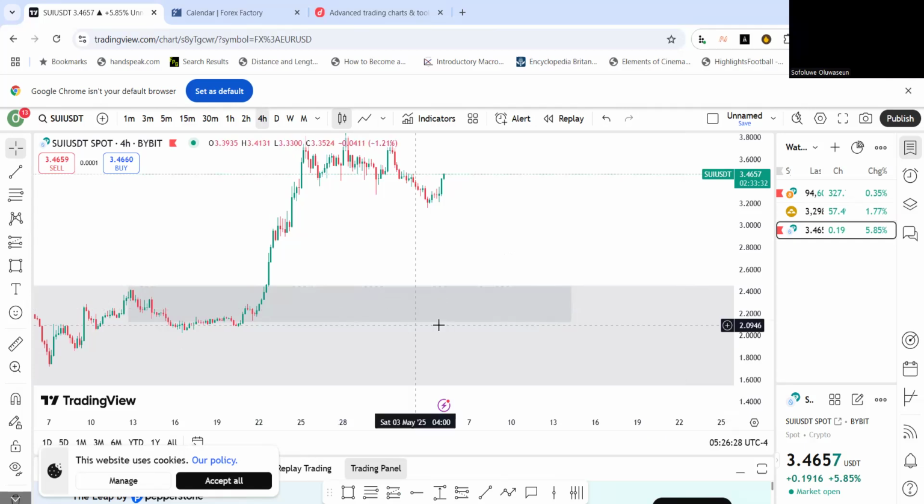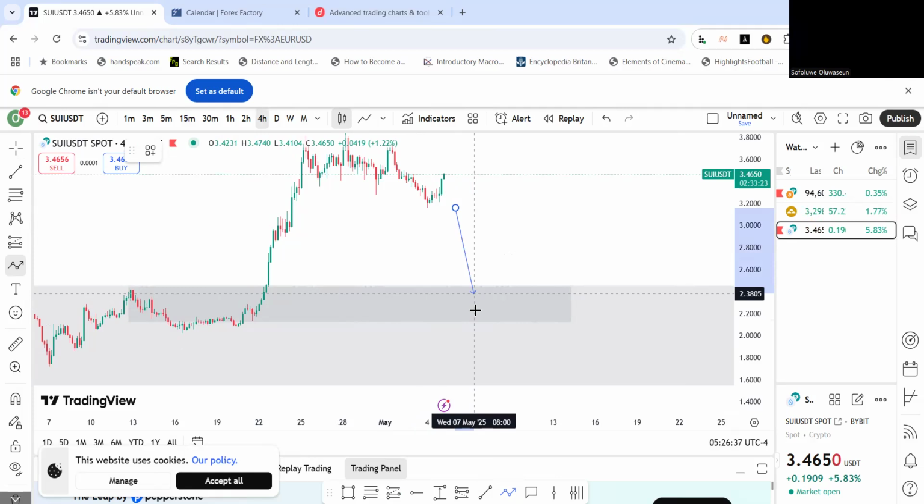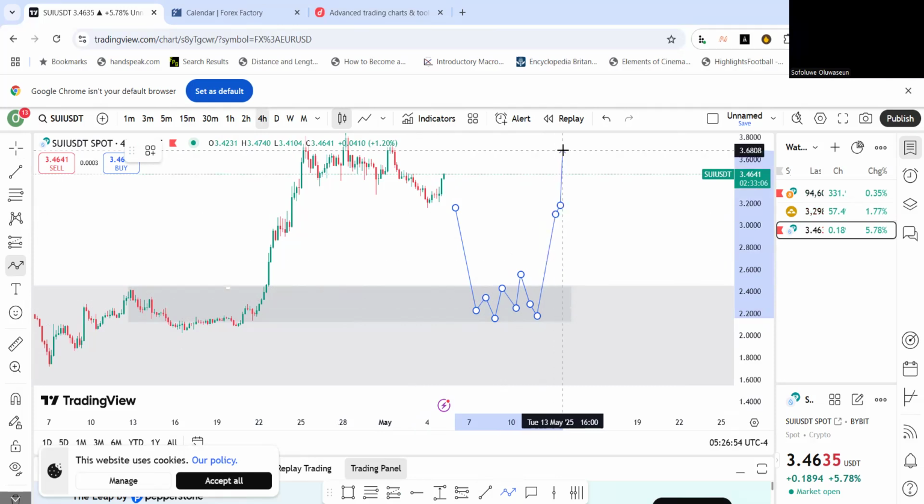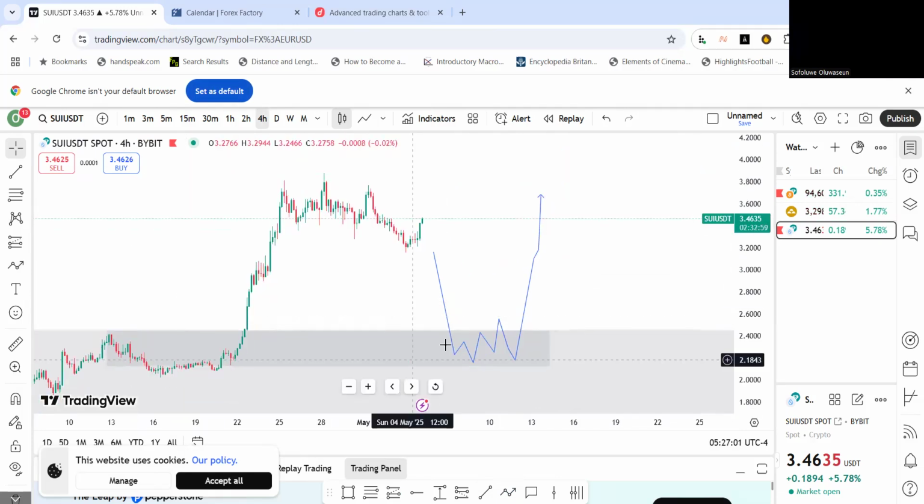I want to see a form of reaccumulation when price comes to this place, before entering. Something like this, and then I can take price up. So this is my view on SUI USDT.